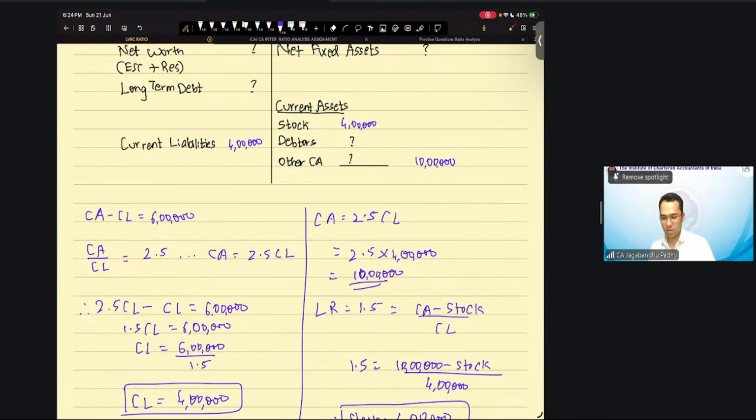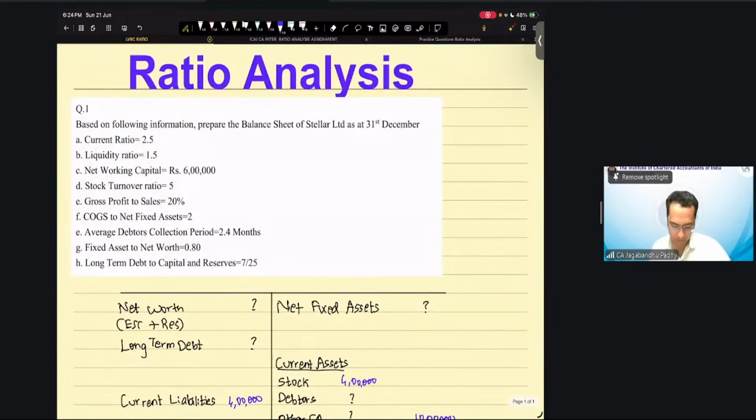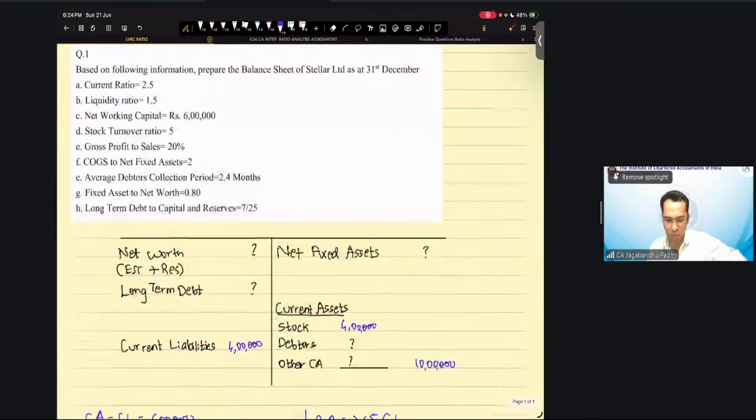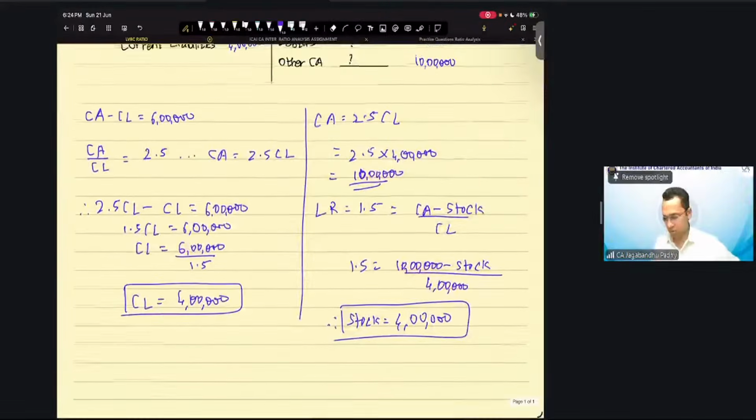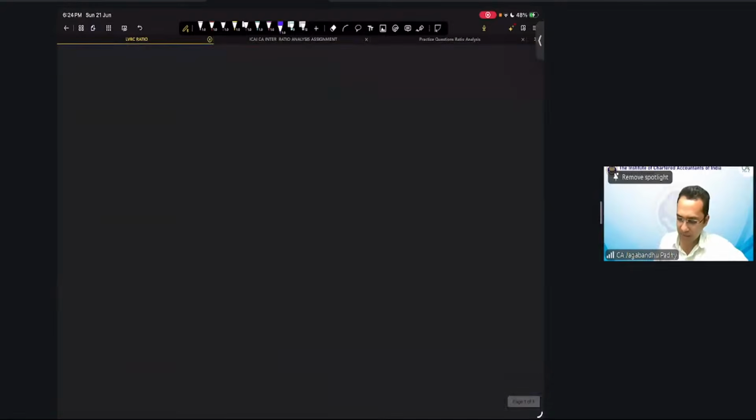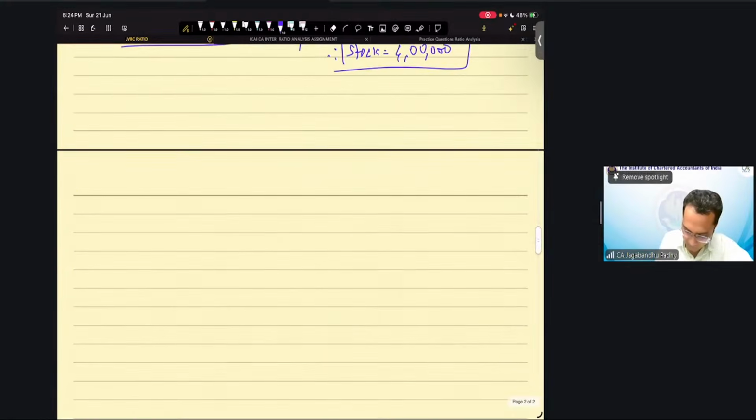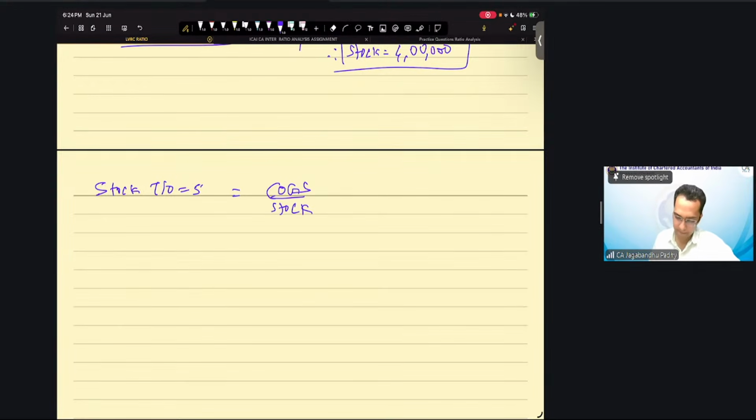Okay, fine. Then stock turnover is 5. Since stock turnover is 5, which is COGS upon stock, 5 equals COGS upon stock of 4 lakh.